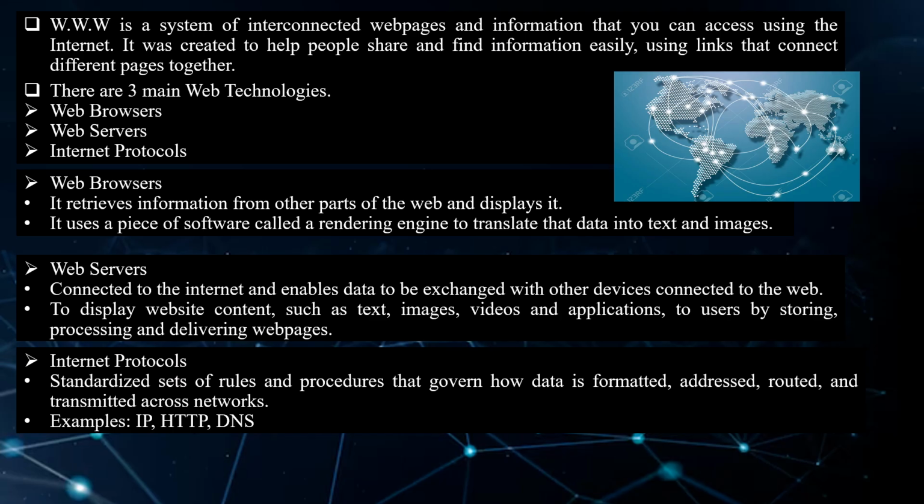To display website content such as text, images, videos, and applications to users by storing, processing, and delivering web pages. Internet Protocol: standardized sets of rules and procedures that govern how data is formatted, addressed, routed, and transmitted across networks.